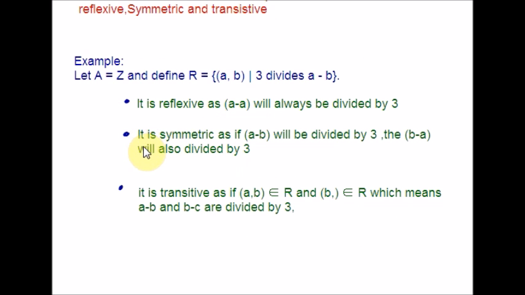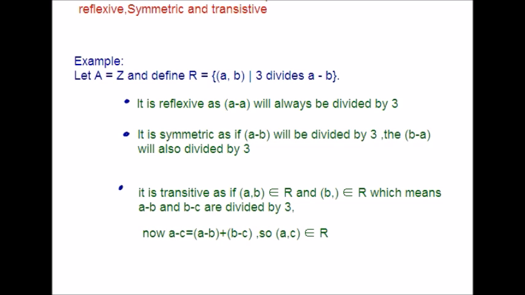Same as the proof we saw for transitive. So what will happen? If you add these two, you'll get A minus C. So it will be helpful for us to prove this is a transitive one. So now A minus C is also divisible by 3, hence this is a transitive one.